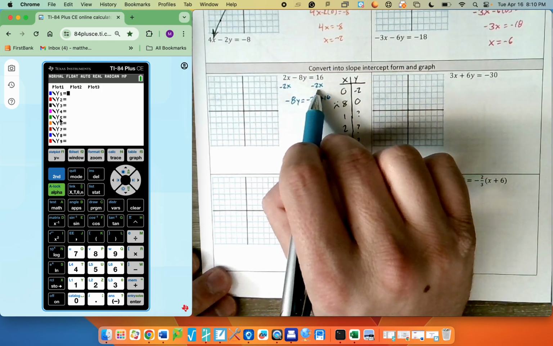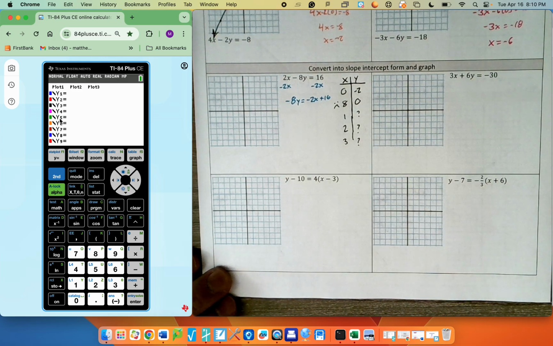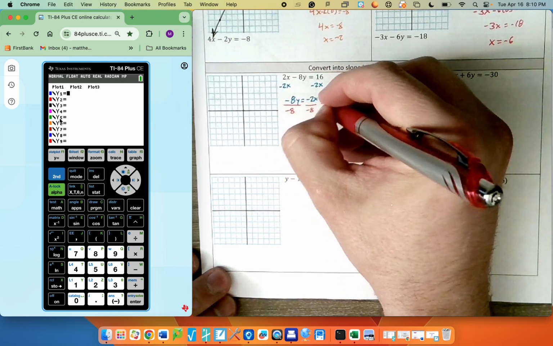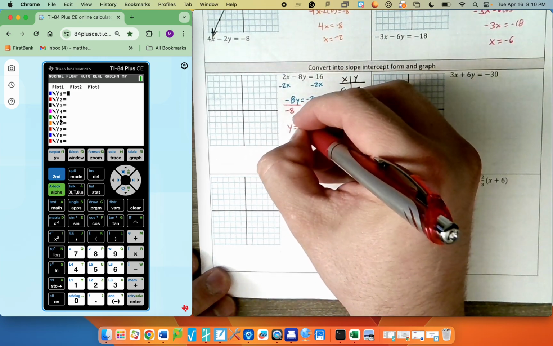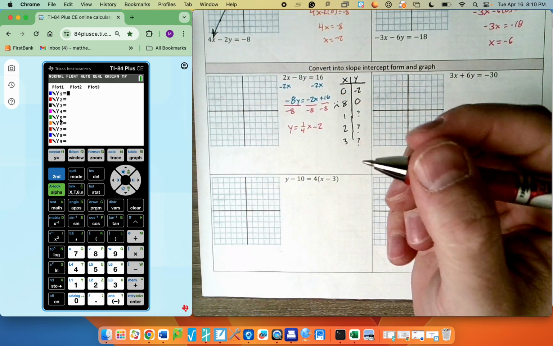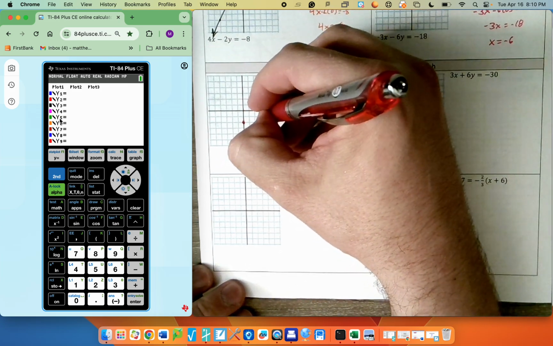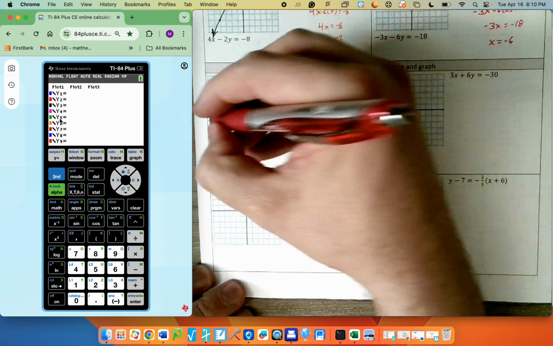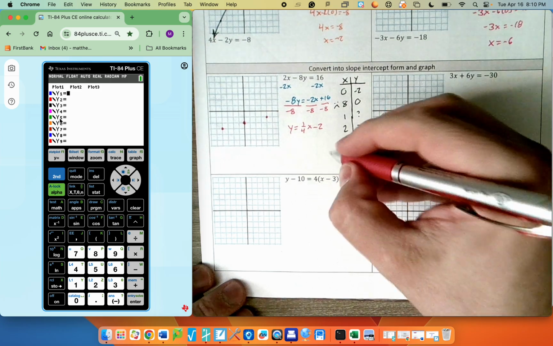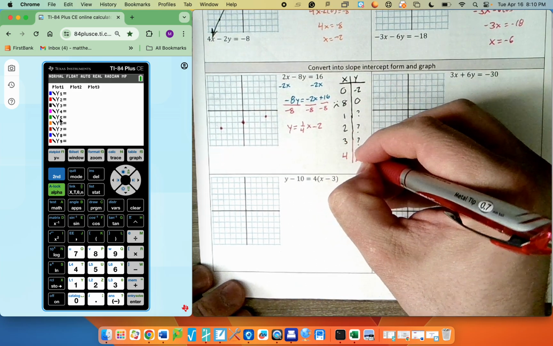We have a negative 2x, we have a positive 16. Then we divide everybody by a negative 8. And y is 1/4 x minus 2. So what that tells me is not only the y-intercept and the slope, but moreover, I would have had to plug in 4 to get my next whole number.